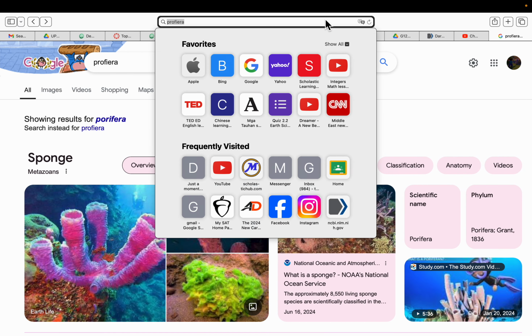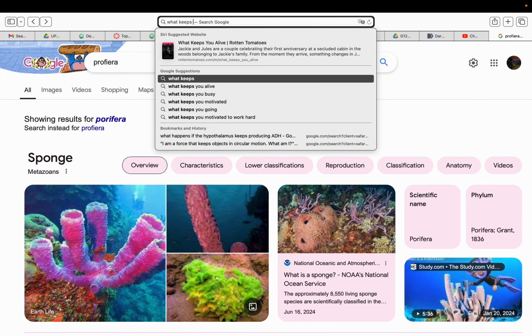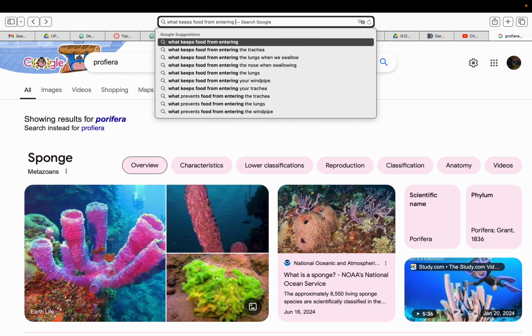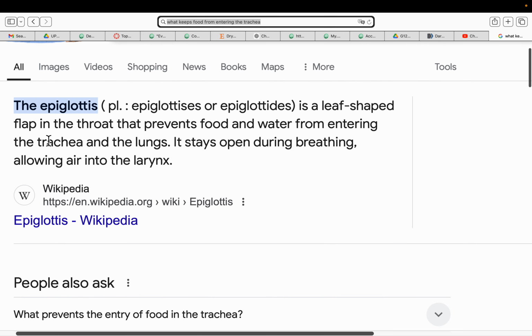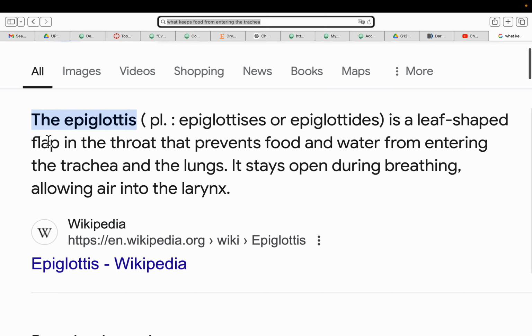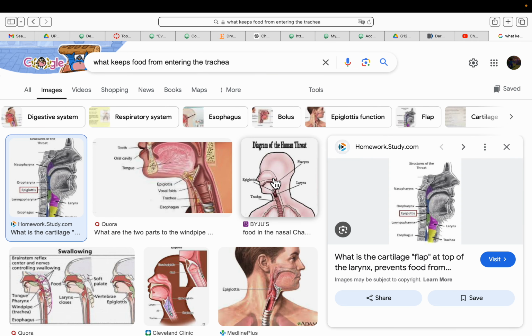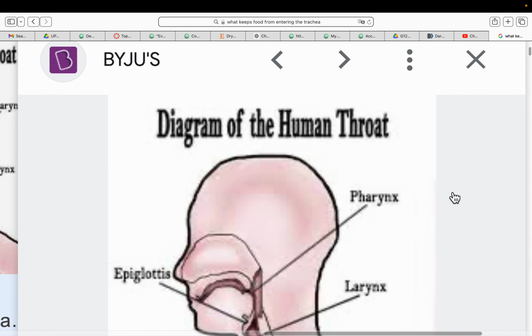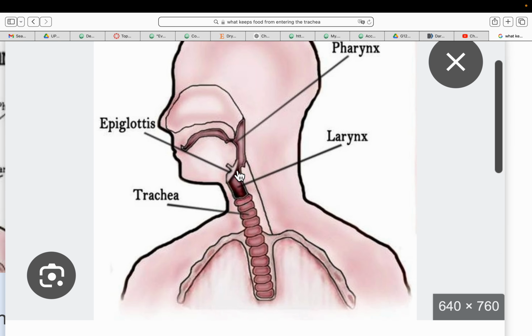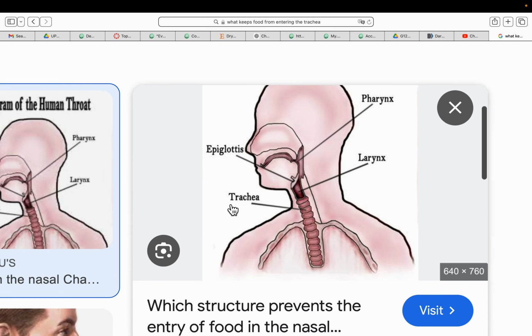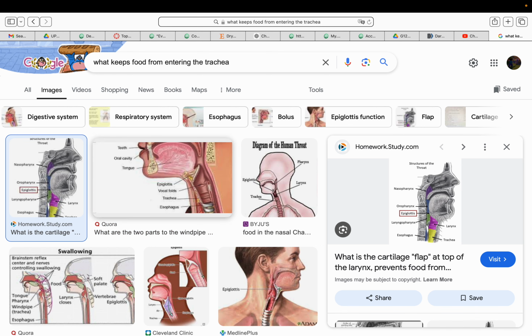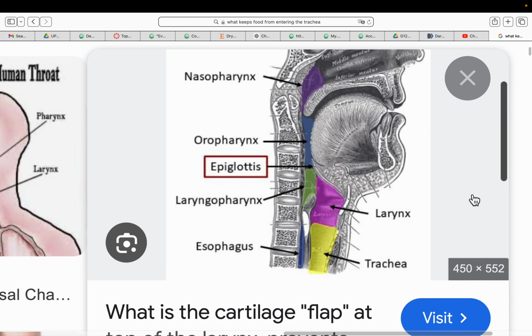Let's confirm that information. There you go. Knew it. I still remember it. Epiglottis. Let's see what it looks like. So the epiglottis is right there. Where is the esophagus? Let's find an image where both the esophagus and trachea are seen.